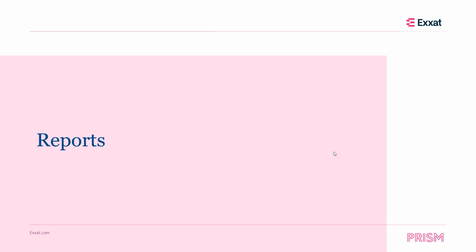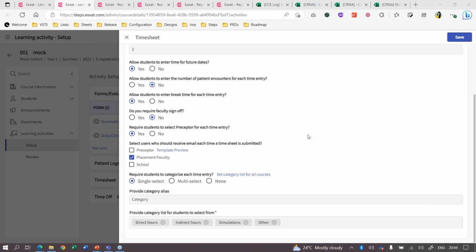Tania, this is Vishakha. I have a clarifying question for you, if you could clarify it for all our attendees. In the setup of timesheet, you mentioned that our users have the option to customize whether they want to send it to the faculty for review, and there is a separate customization that they can do just for the faculty to receive a notification every time a timesheet is submitted.